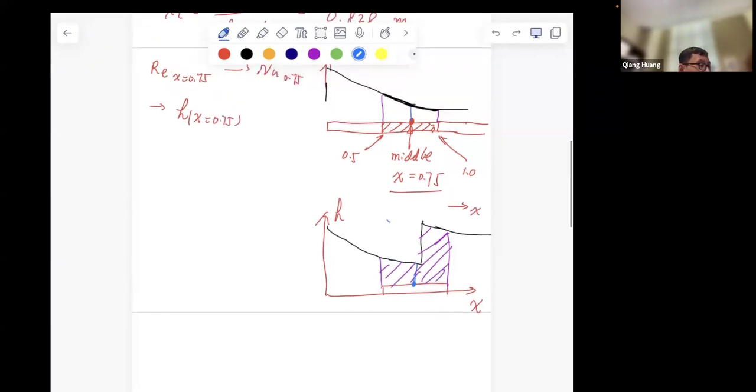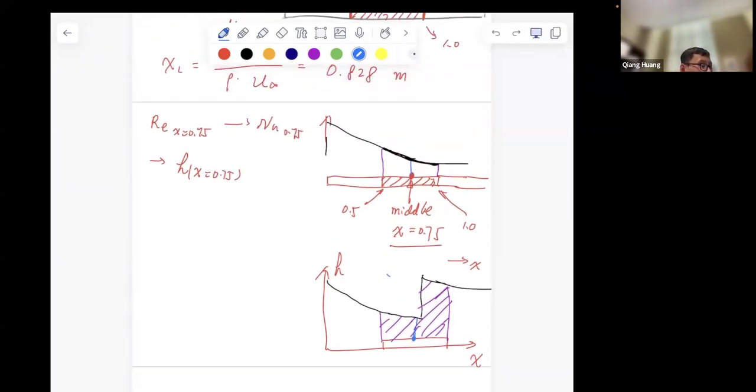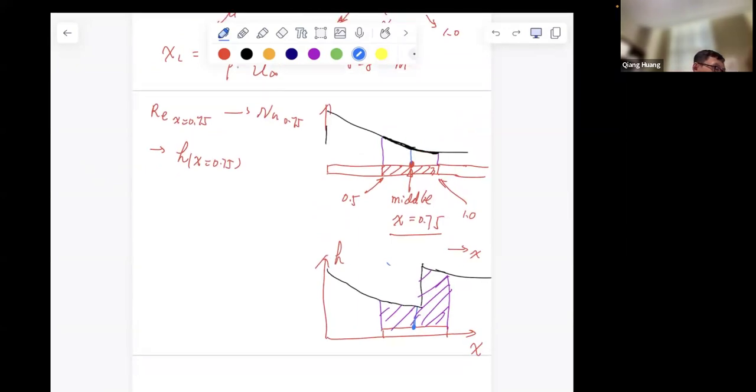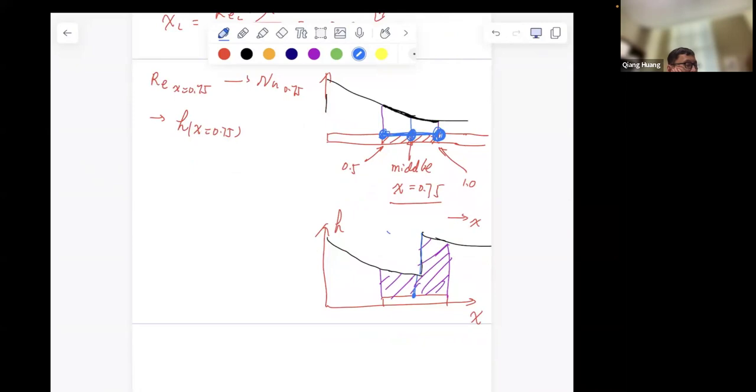And of course, some students didn't even consider the integration or the average middle point at all. Some students just used the first point's Nusselt number and convection coefficient to calculate the entire surface, which is wrong. Or some students used the last number, which is also wrong. And some students used the middle number. The middle number is a bit better than the beginning and the end, but it is still not correct because we have a transition in this case.